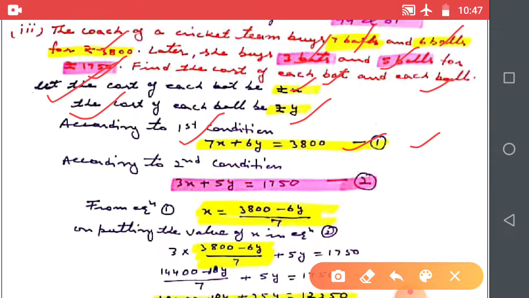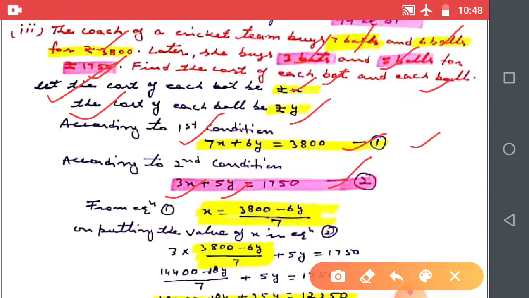Now according to the second condition, the number of bats is 3, so the cost of 3 bats is 3x rupees. The number of balls is 5, so the cost of 5 balls is 5y, and the total cost is 1750 rupees. So the second equation is 3x plus 5y is equal to 1750.